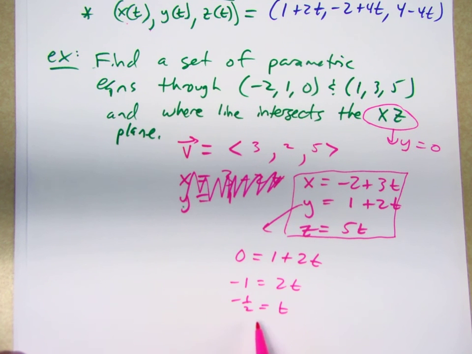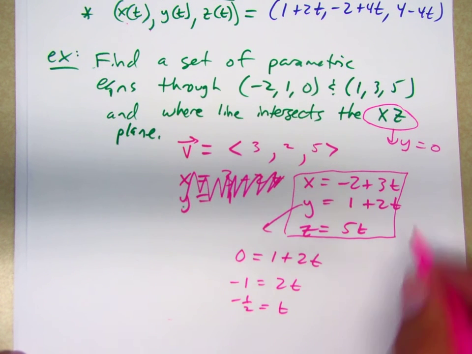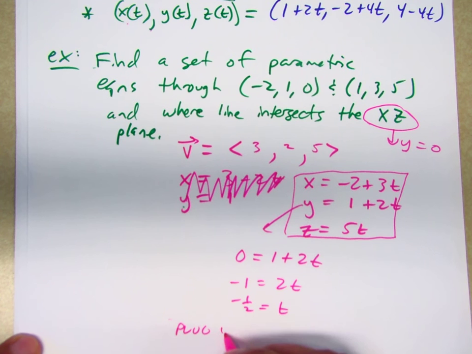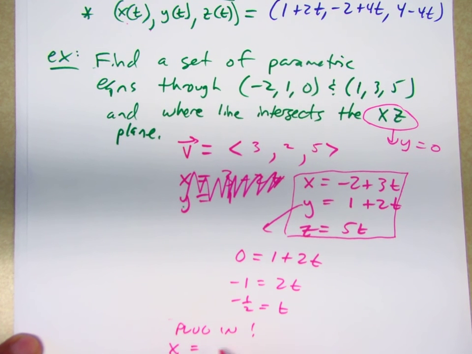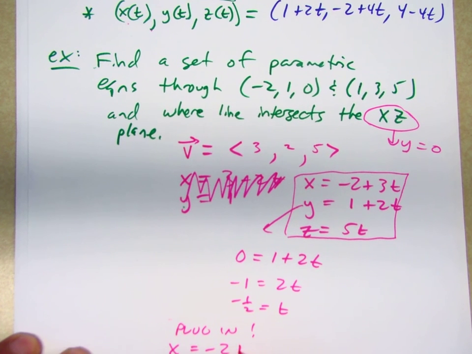Now to figure out the exact location, you should be able to plug in t equals negative 1/2 in there. So we get x equals negative 2 plus 3 times negative 1/2, and you can simplify that.